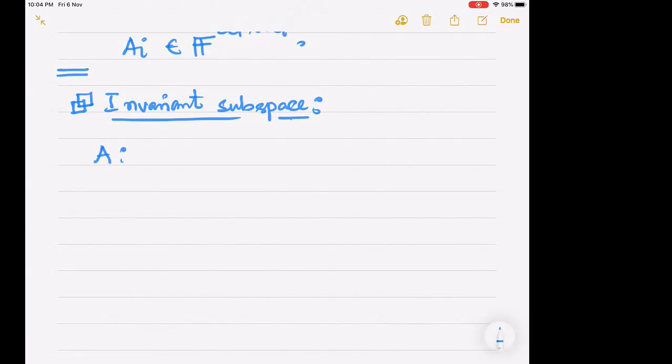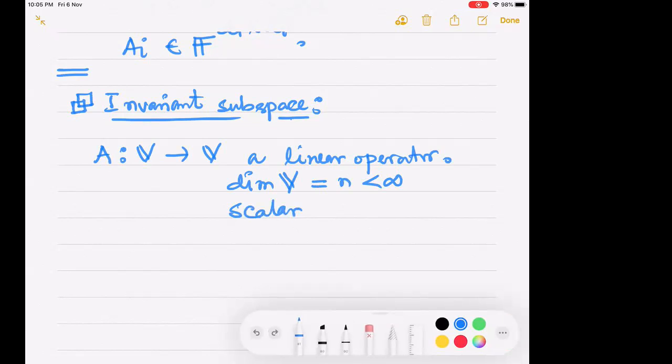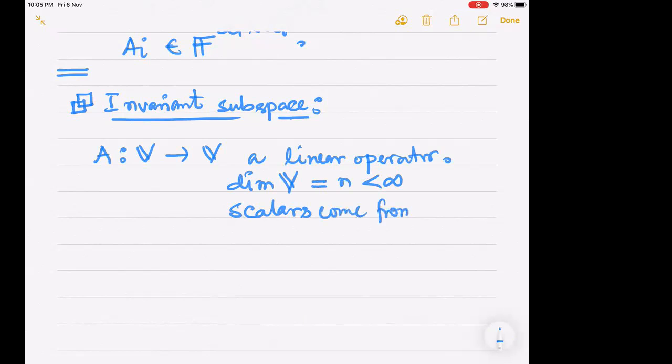Suppose A is a linear operator from V to itself, where V is a finite dimensional vector space, and the scalars are coming from the field F. This is the setting.